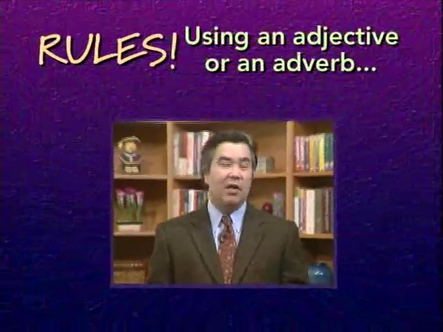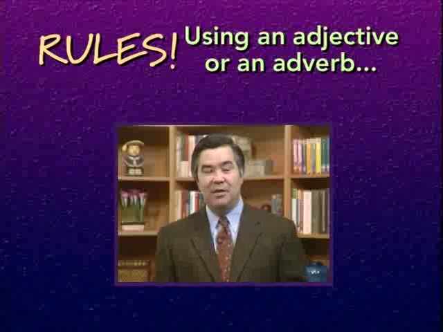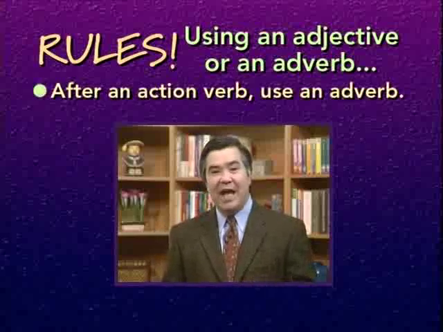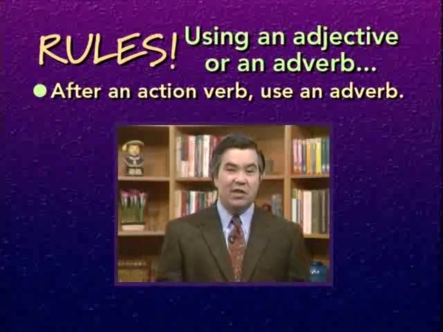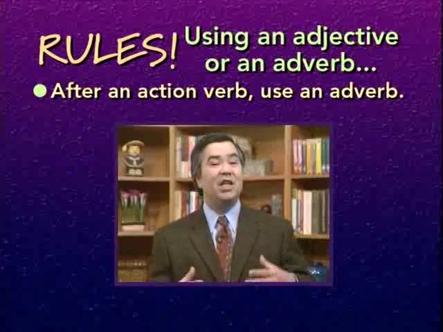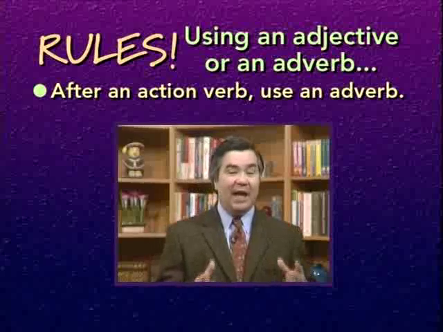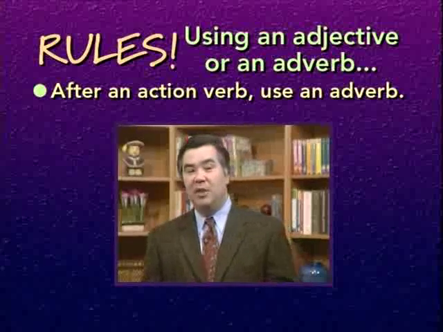Now, in some sentences in English, it can be a little tricky to figure out whether to use an adjective or an adverb. Here are a couple of rules that will make it easier. First, after an action verb, use an adverb. Remember that an action verb describes something that the subject does. Normally, after an action verb, an adverb should be used.